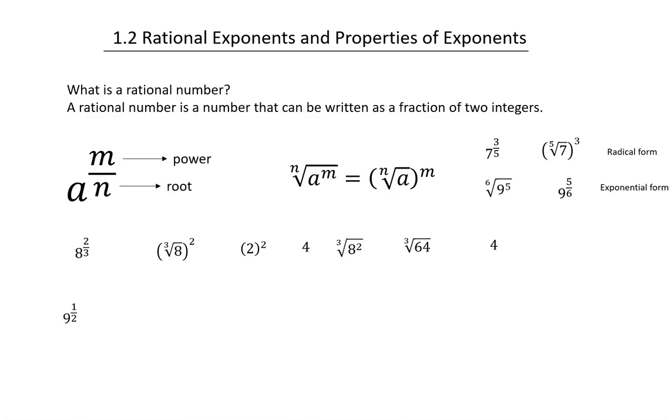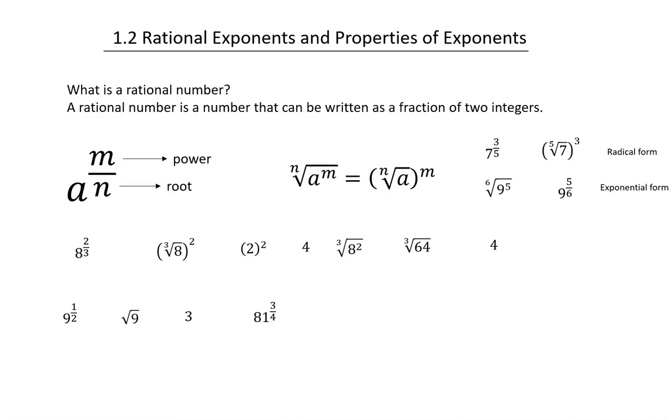Now, evaluate this expression. What is 9 to the 1/2 power? The number on the bottom is the root, so that would be the square root of 9 to the first power. And we don't need to write to the first power, so the square root of 9 is 3. Now, evaluate this expression. Pause this presentation, calculate the value of 81 to the 3/4, and then restart to see if you did this correctly.